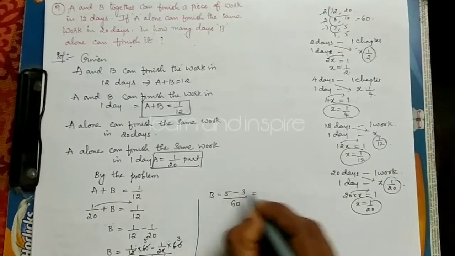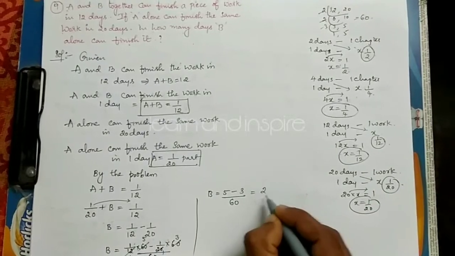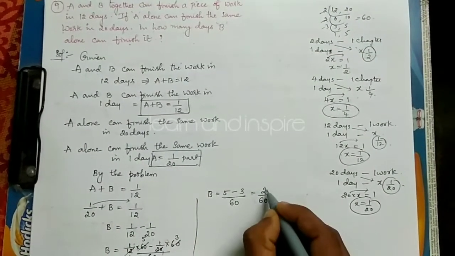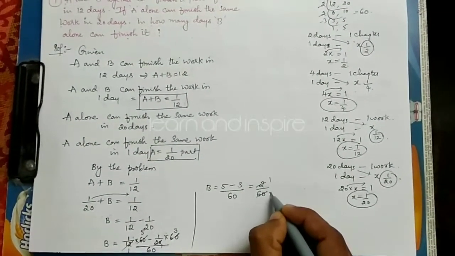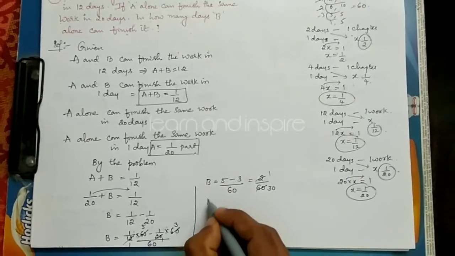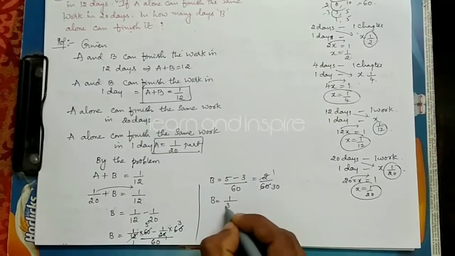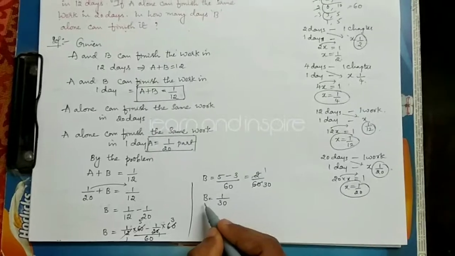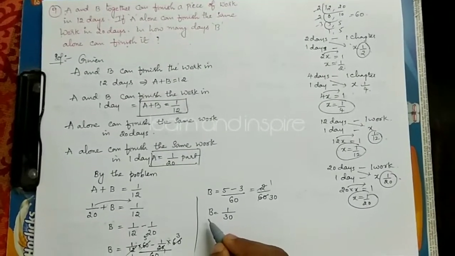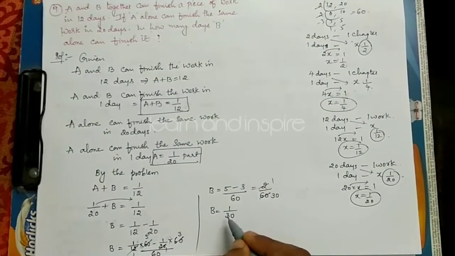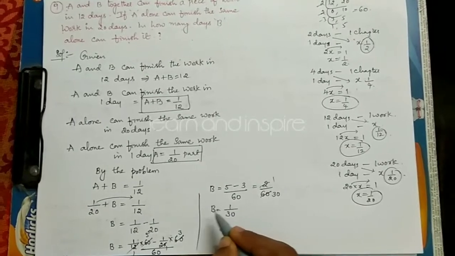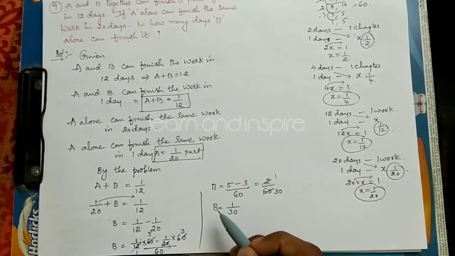Which is equal to 5 minus 3 is 2 by 60. So you can cancel with 2, 2 ones are 2, 30. B is equal to 1 by 30. That means B alone in one day can complete 1 by 30th part of the work.